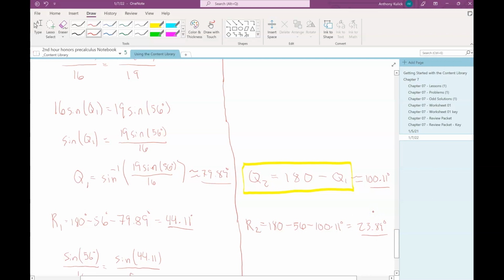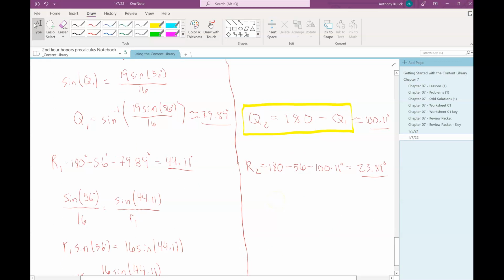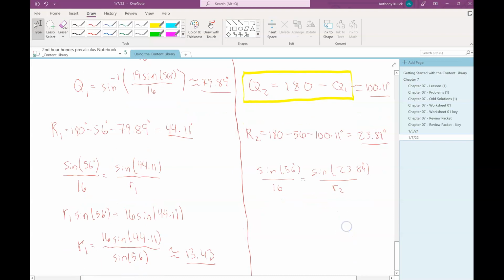That was easy. And then the last step is going to be exactly the same as what we did in triangle 1. So sine P over P equals sine of R2 over R2. And then we just cross multiply and all that jazz, and it's the same work.